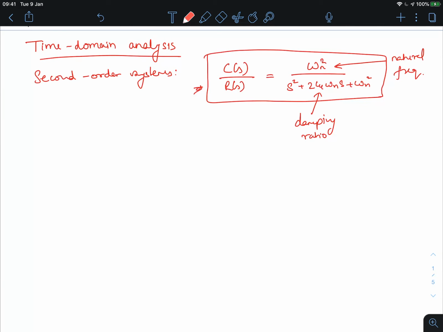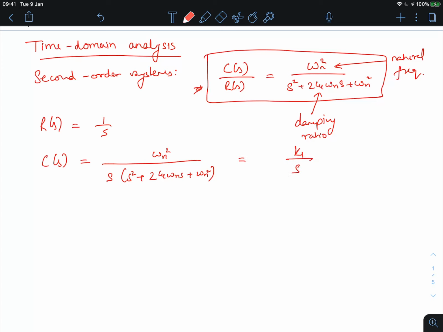For a step input, we have R(s) equal to 1 by s, and I could write my C(s) as omega n square divided by s square plus 2 xi omega n s plus omega n square. After doing the partial fraction, I would obtain k1 by s plus some terms for constants k2 and k3.